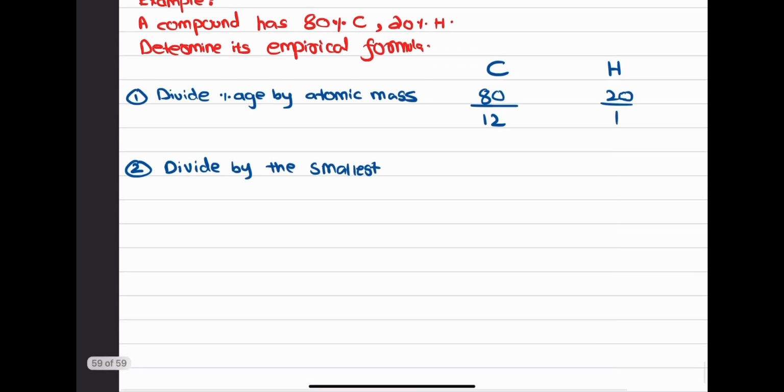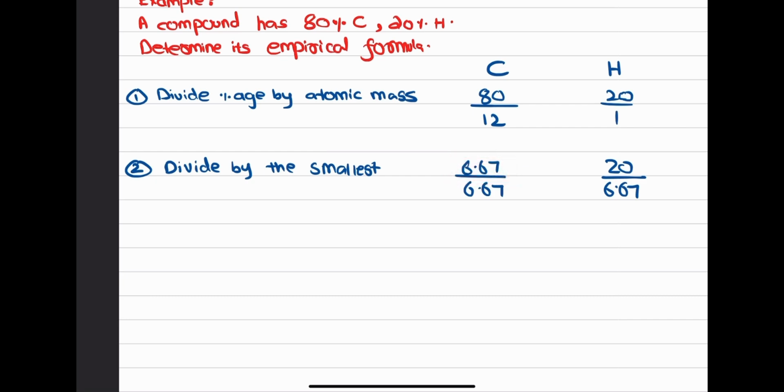How? 80 divided by 12 comes out to be 6.67 approximately, and 20 by 1 is 20. Now, divide by the smallest means that we will divide 6.67 by 6.67 and 20 by 6.67. Why? Because out of these two, 6.67 is the smallest.